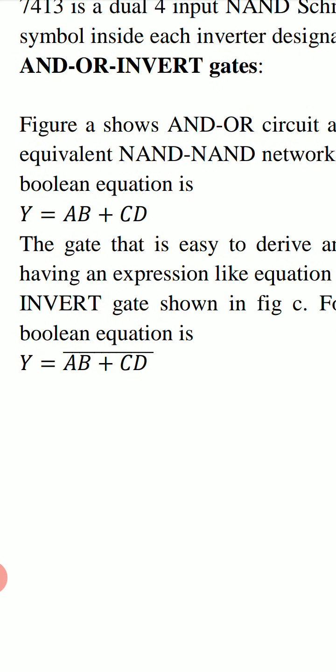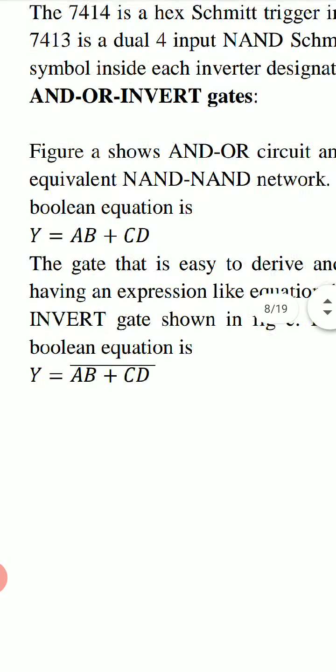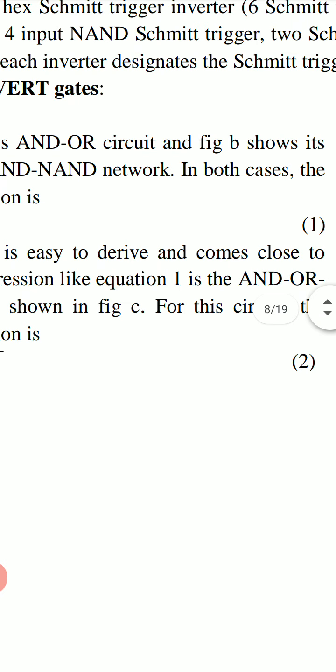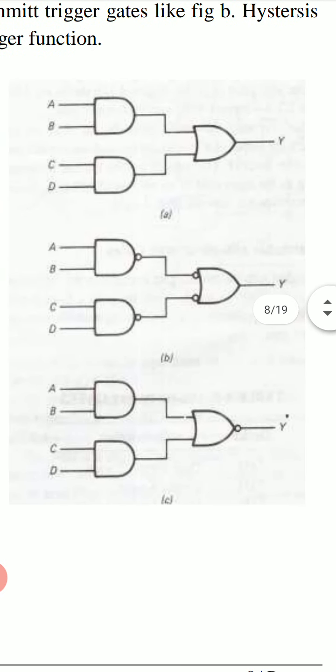AND OR invert gates. Figure A shows an AND OR circuit. This is figure A. There are two AND gates which produce outputs AB and CD, and these outputs AB and CD are inputs to the OR gate, and the output from the OR gate is Y. So this output of the OR gate Y will be equal to AB plus CD.